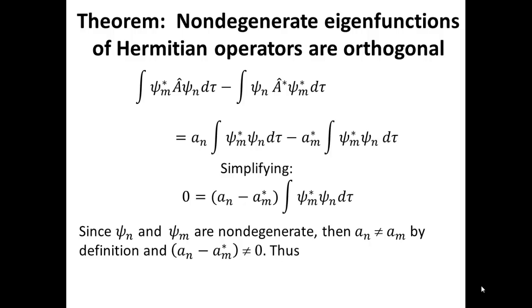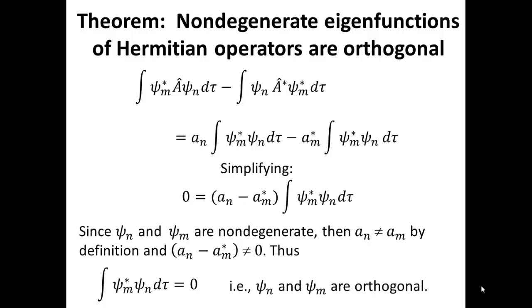Because we're non-degenerate, because the eigenvalues are defined as being different, that requires that the integral on the right-hand side has to be equal to 0 to satisfy this equation. When an integral is equal to 0 for two functions, it means those two functions are orthogonal. Geometrically, this means the two functions are at right angles to each other.